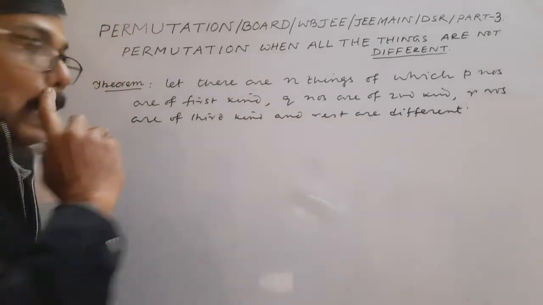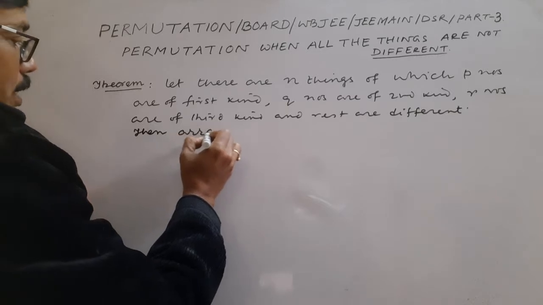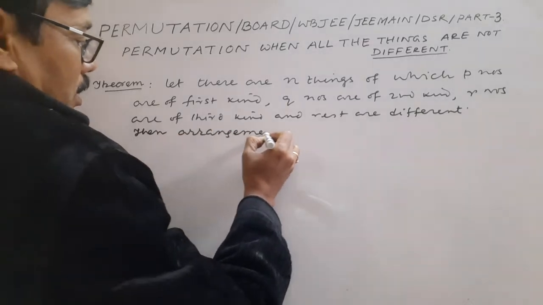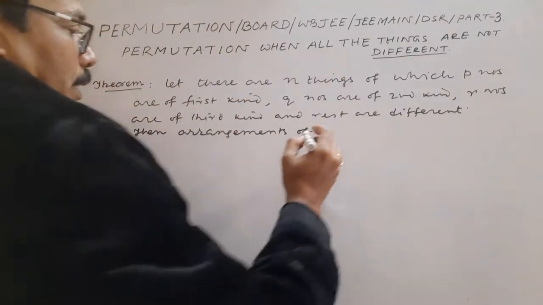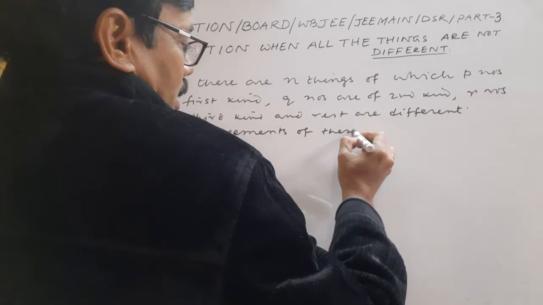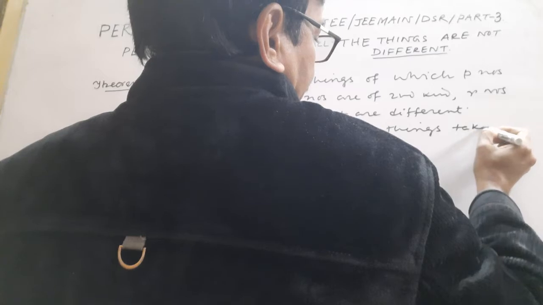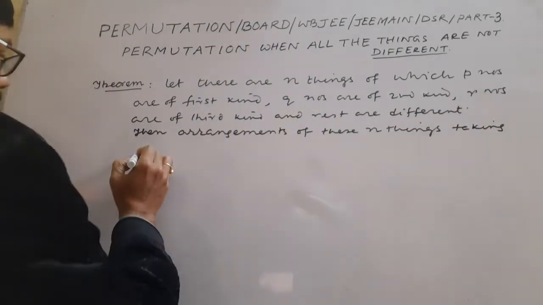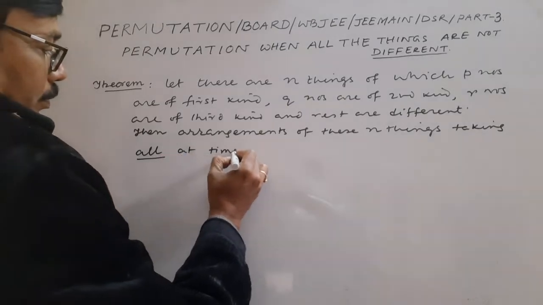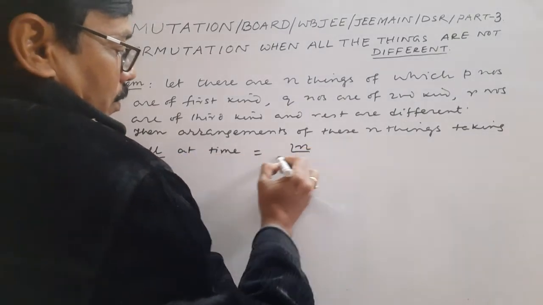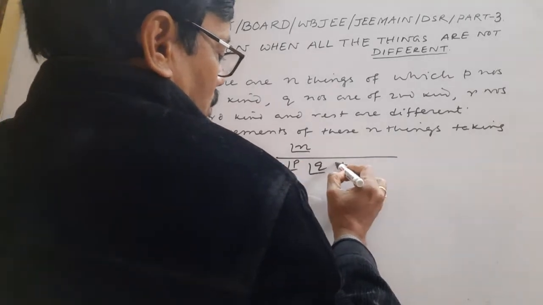Then the arrangements or permutations of these n things, taking all at a time, equals total number of things factorial, divided by factorial p, factorial q, factorial r.